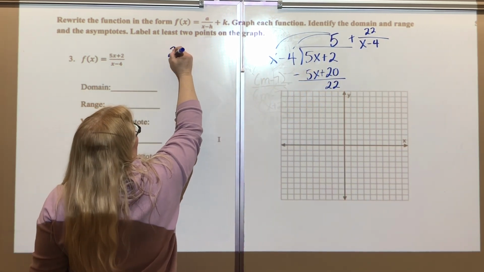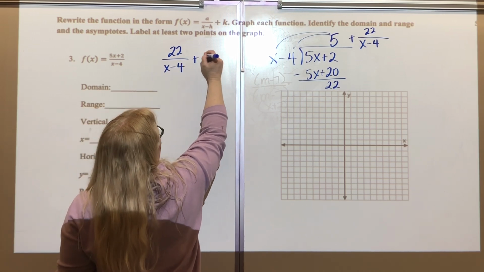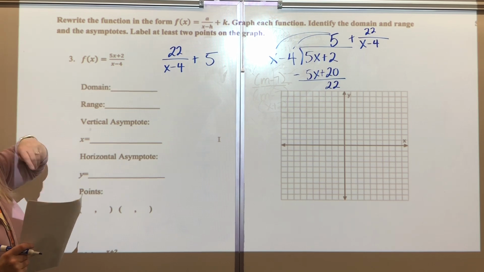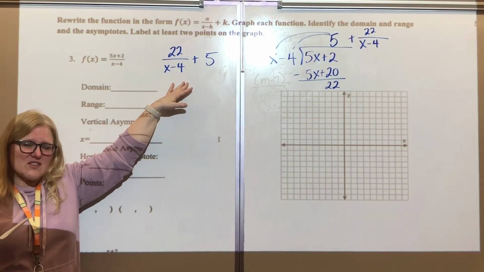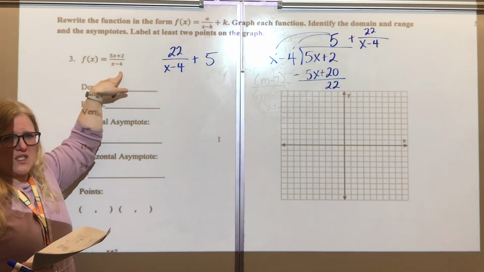Okay, so 22 over x minus 4 plus 5 is now in the form that we want it in. But even if it wasn't in this form, you can still see the asymptotes here.